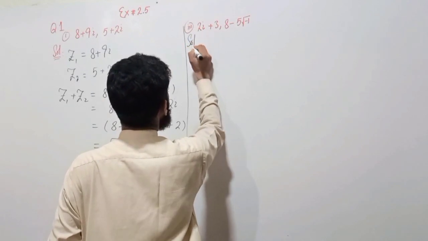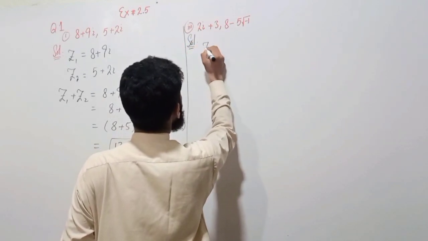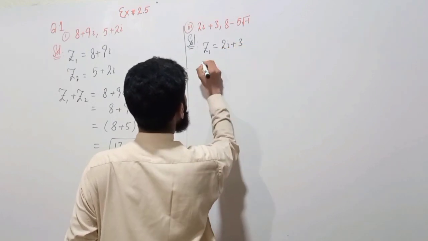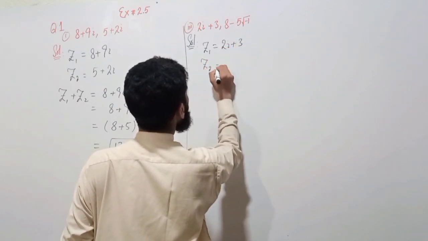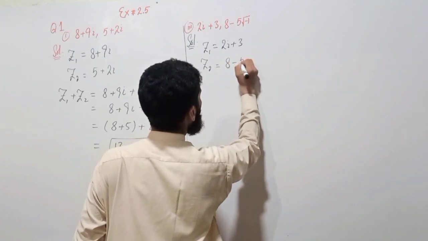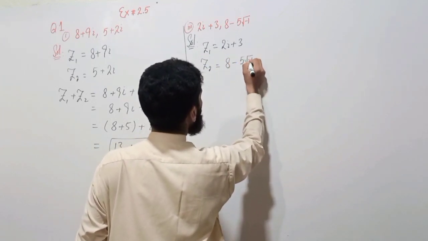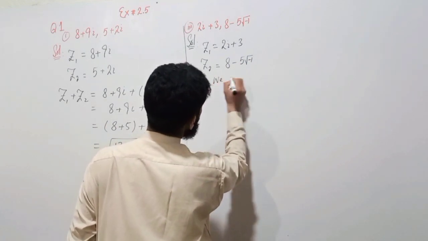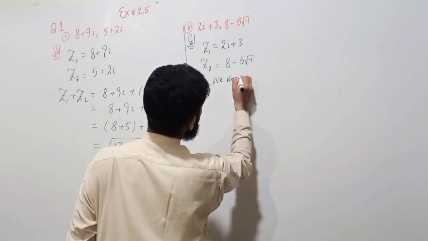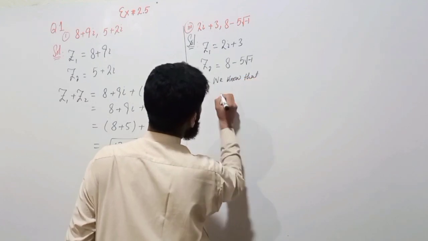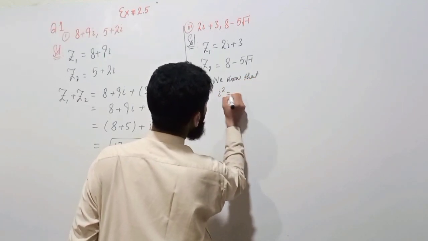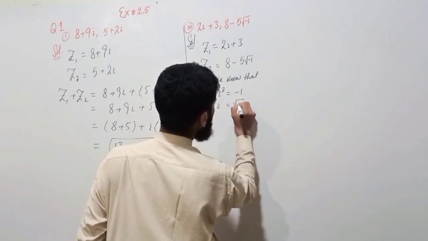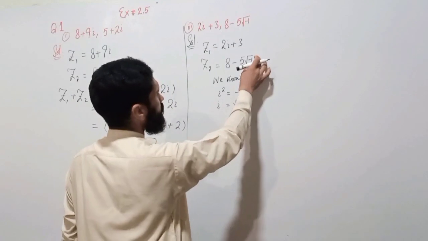In the solution, first z1 is equal to 2 iota plus 3, and z2 is equal to 8 minus 5 square root of negative 1. We know that iota square is equal to negative 1, and iota is equal to the square root of negative 1.